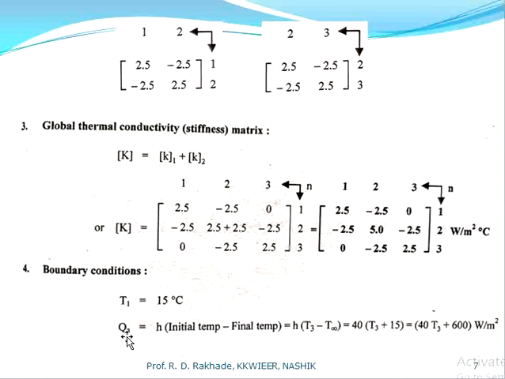We don't know the value of Q3, so Q3 is h times the initial temperature minus the final temperature at node 3, so T3 minus T infinity. T3 is also unknown; T infinity is minus 15, and minus minus is plus. So Q3 is equal to 40 T3 plus 600.